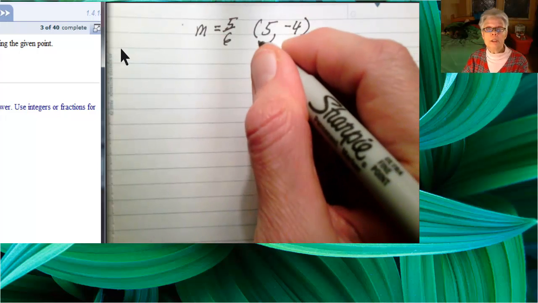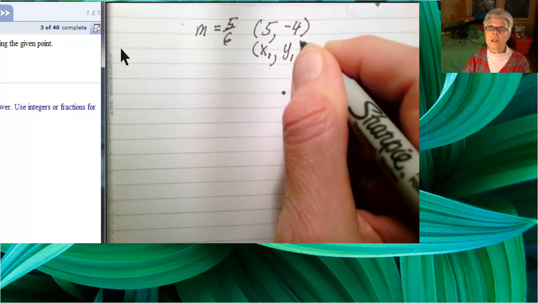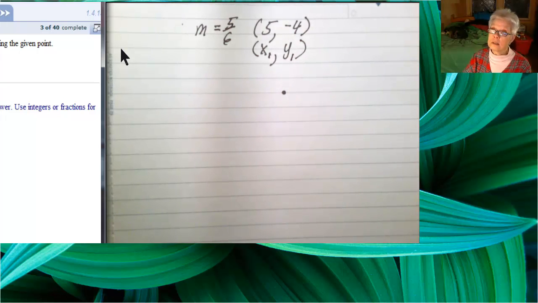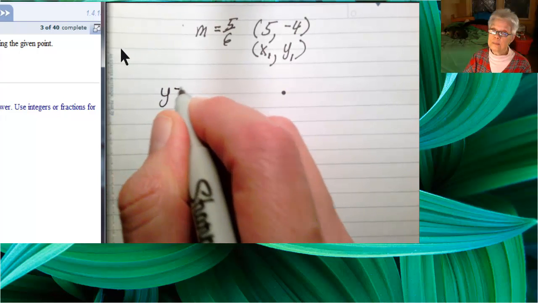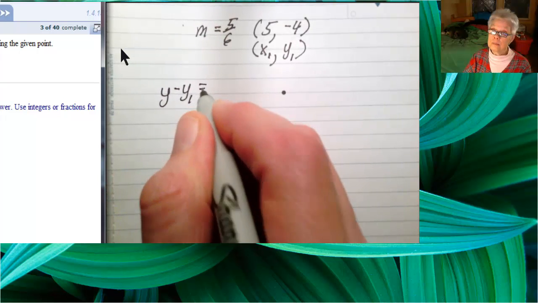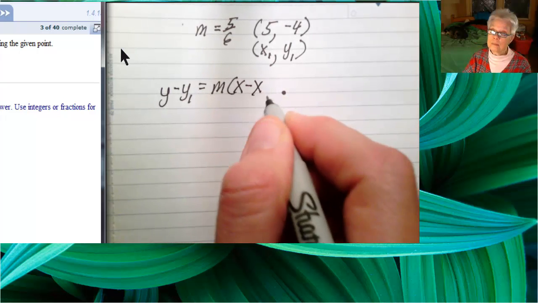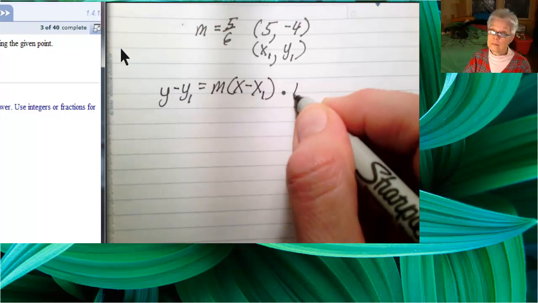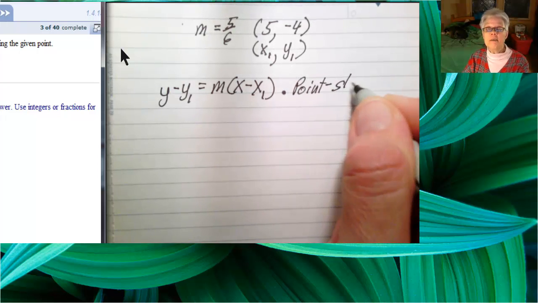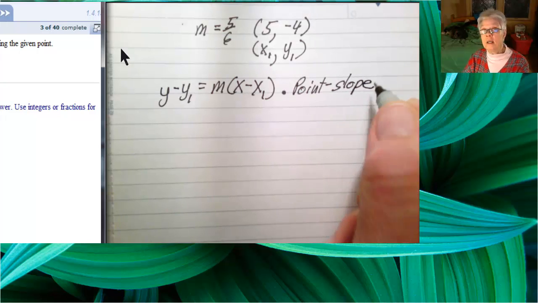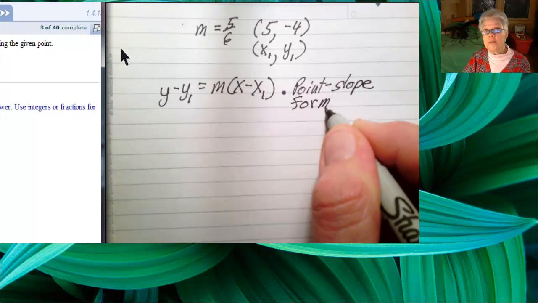I'm going to use the point-slope formula to find the equation of the line. You can always use y equals mx plus b if that's your preferred method for finding the equation of a line. I prefer this.